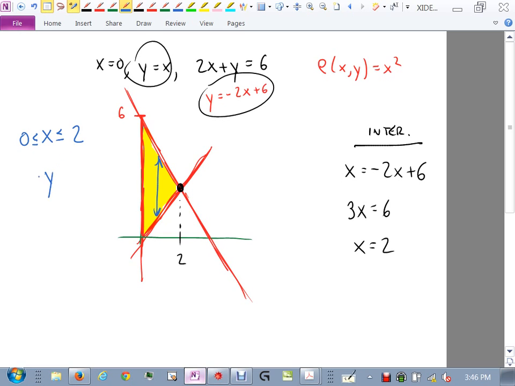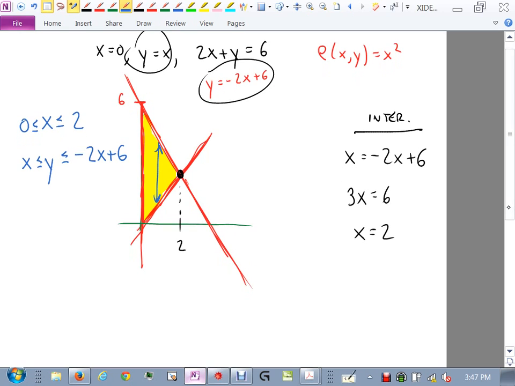Y is between what? What's the bottom one there? The bottom one is x, right? The top one is negative 2x plus 6. Is everyone comfortable with the idea that that's definitely not a polar region? Like I shouldn't be trying to go polar here?